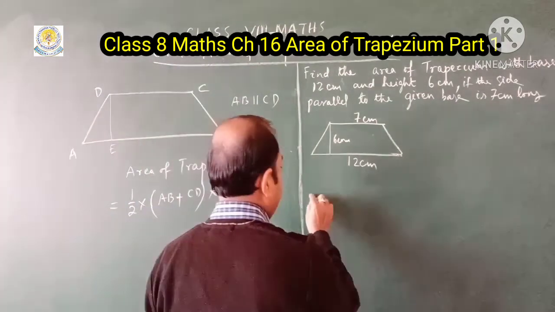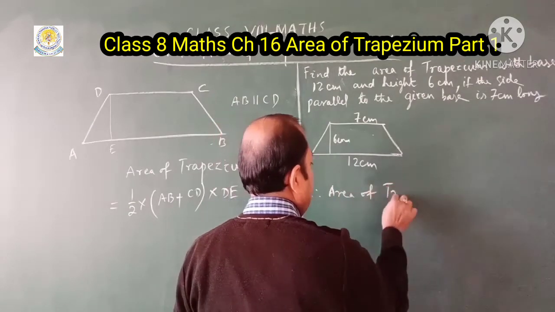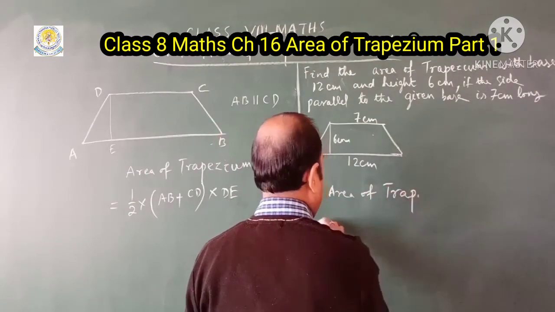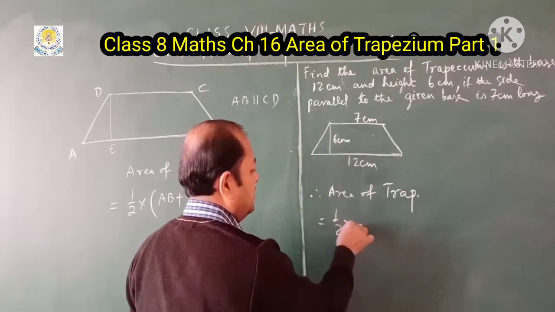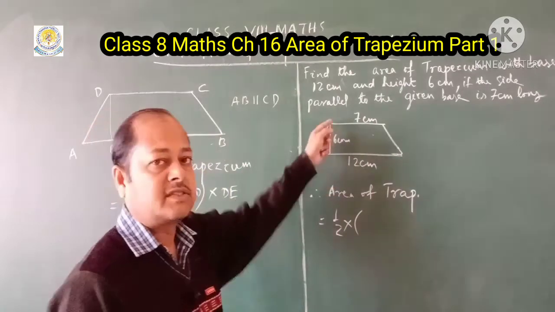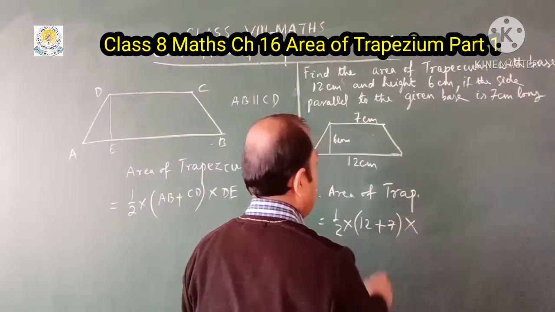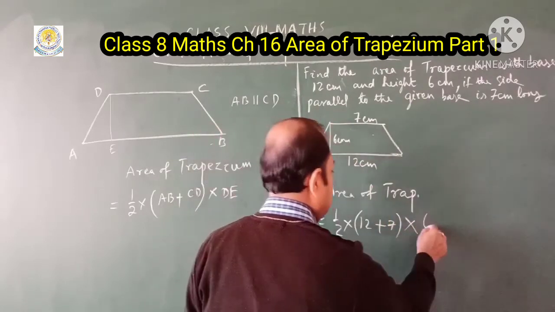So therefore, area of trapezium equals half into the sum of the parallel sides, that is 12 plus 7, into height. What is height here? That is 6.